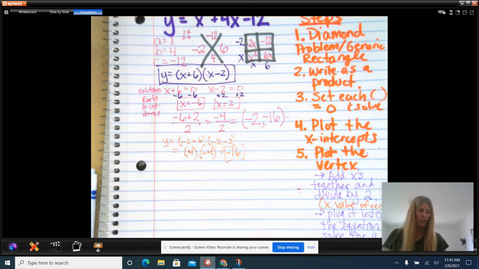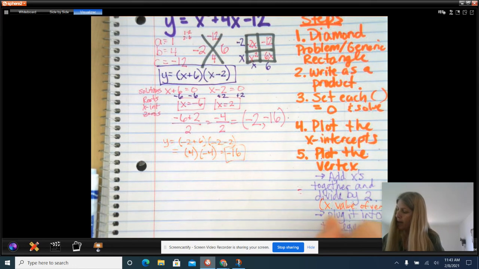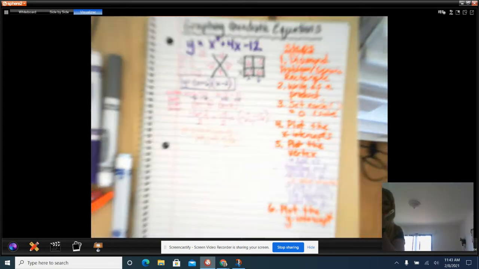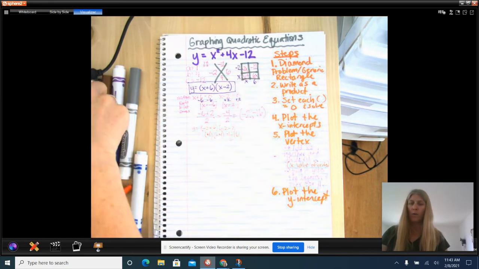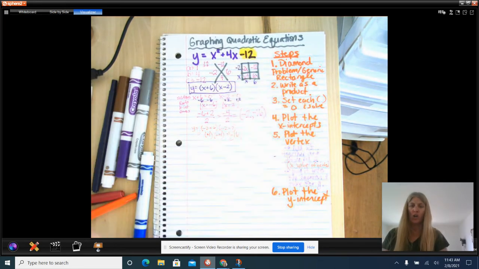Okay, and then we have one more piece of information that we get to add, and this is step number 6, plot the y-intercept. Now remember, this one is super easy to find by simply looking at the original equation. Your y-intercept is your constant.